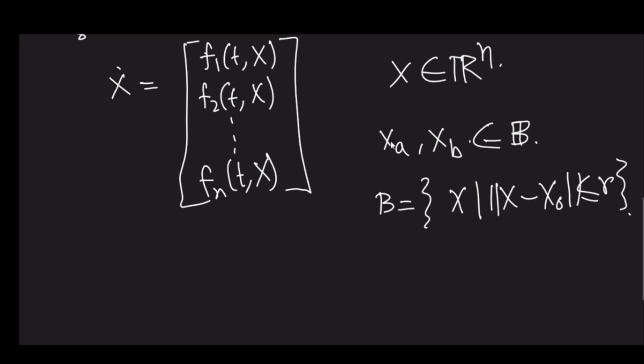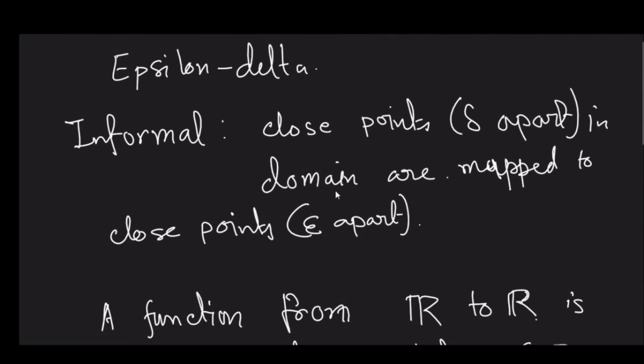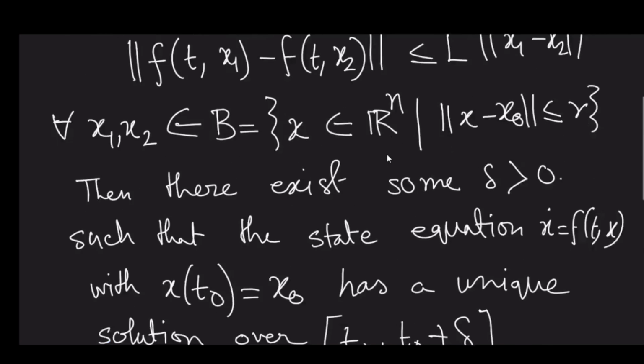If your two state points are confined to a zone, then in time you need only a finite amount of time delta to traverse from one point to another. The way you have defined the state function with respect to time, it only needs a finite time to travel that finite distance in that region. So here we are getting the second part.